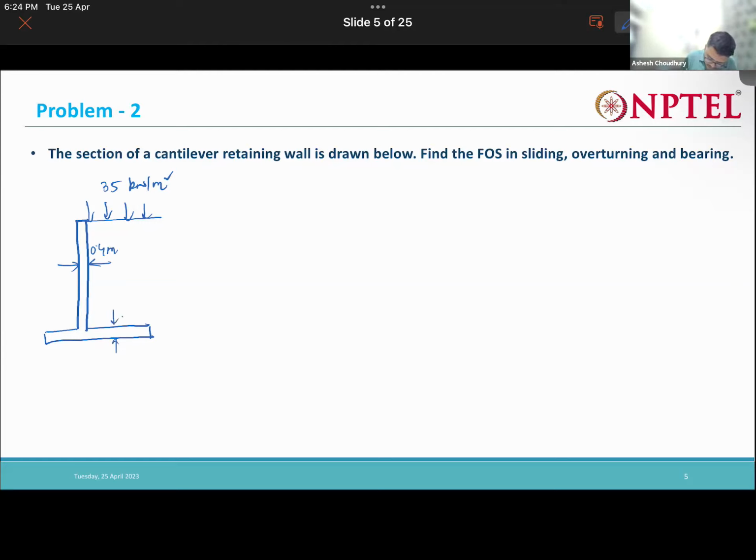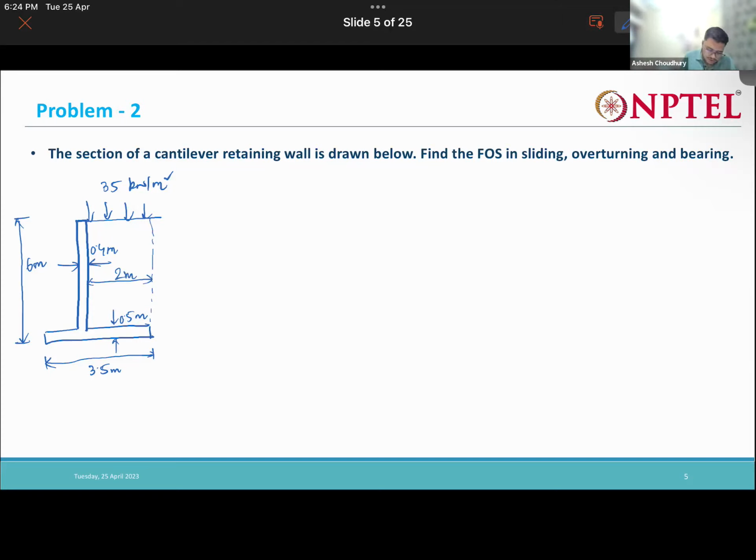This is 0.5 meter. This base width is 3.5 meters. This height is 6 meters. Okay, correct. And this part is 2 meters.